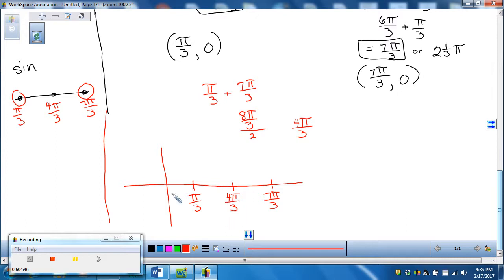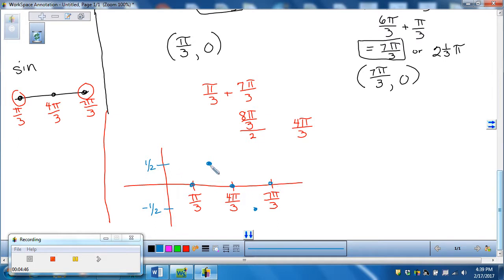And then remember, halfway in between those are where we have our high point and our low point using the amplitude. For our amplitude, it's up a half and down a half. So we want a point that's up, and a point that is down, in between these two endpoints and our midpoint.